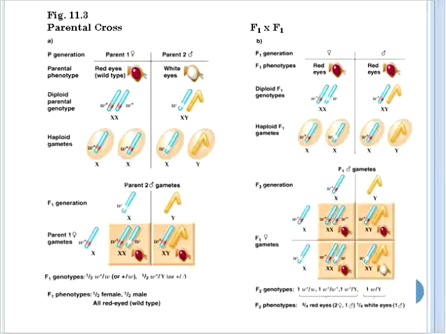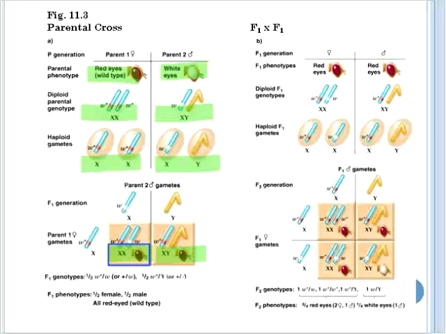So we did the parental cross, red eyes, white eyes, and possible gametes being produced are as such. When you cross them to create your F1 generation, you get the following. All red eyes. But note that the female is indeed a carrier.